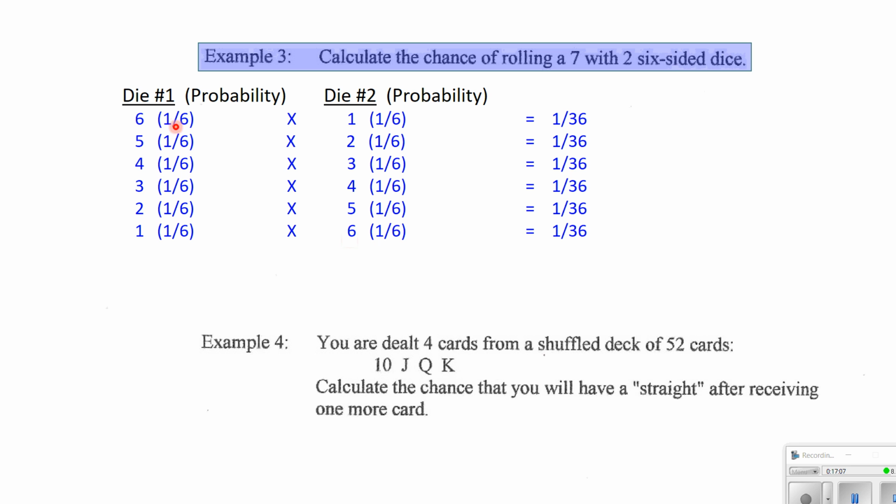And so we've got to calculate the individual probability for each way. That's rule of multiplication. 1 out of 6 times 1 out of 6 is 1 out of 36. But then when we're finished, remember we have to get the sum. We have to add up those individual probabilities. So 1 plus 1 plus 1 plus 1 plus 1 plus 1, of course, is 6 out of 36, which reduces down to a 1 out of 6 chance.